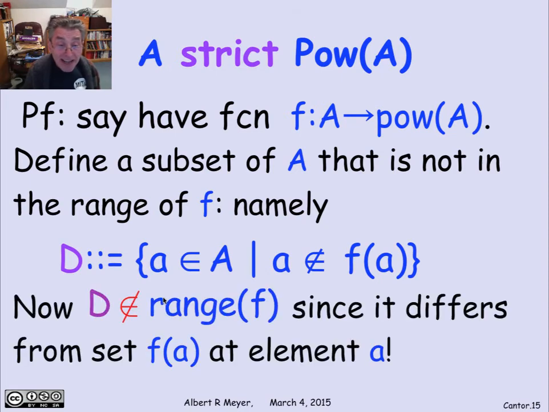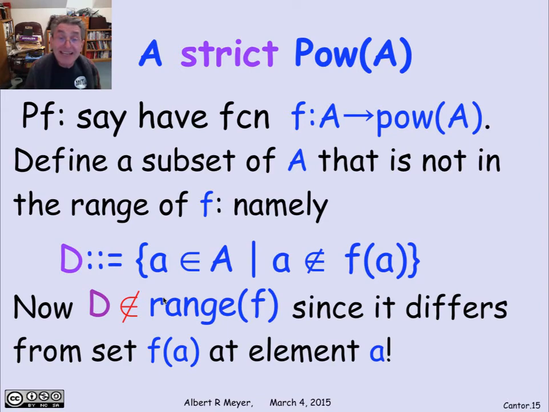And what I know about it is that D is not in the range of f because it differs from every possible row of the matrix. If the row was labeled with f of A, then it differs in the column A, f of A, from that row, and therefore my set D is not a row of this matrix.